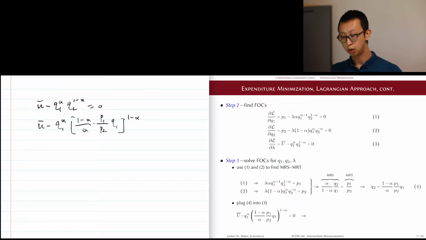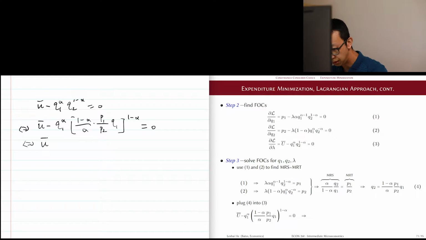Once plugged in, we can treat this entire term in front of q1 within the parentheses as a big package, and then just distribute the power of 1 minus alpha to the package and then to q1 separately. So this equation is equivalent to u bar minus q1 to the alpha, and then the power distributed to this package and to q1 separately.